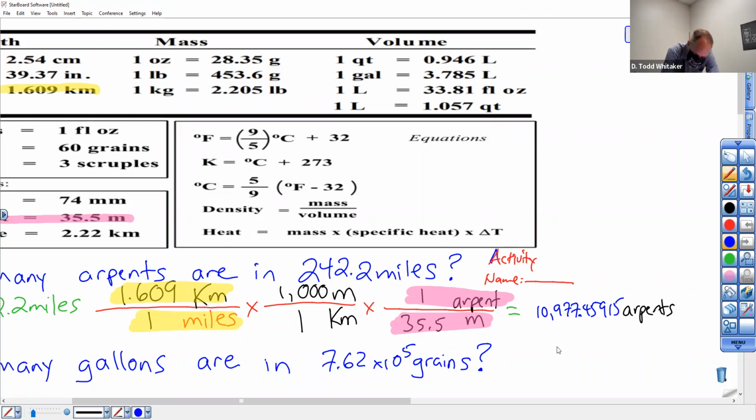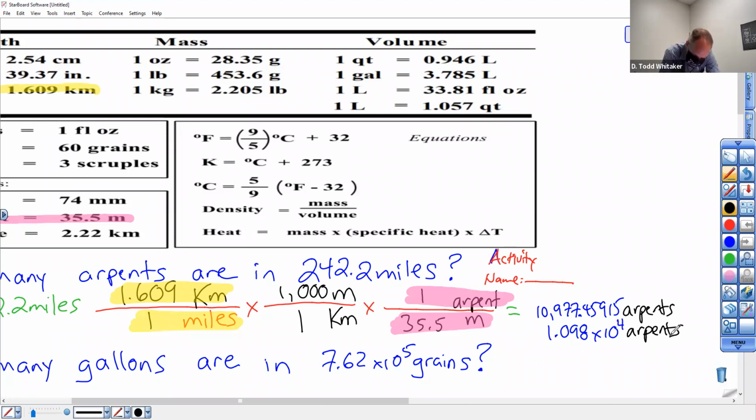Here's the scientific notation, 1.098 times 10 to the, I move the decimal 1, 2, 3, 4, 5, is that right? No, 1, 2, 3, 4, I can't count. It's a big number, it's got a positive exponent.